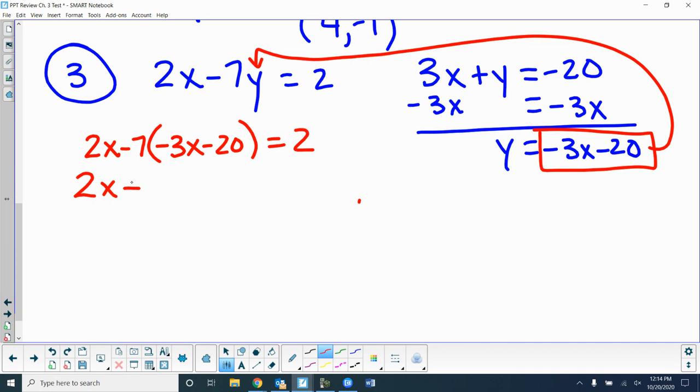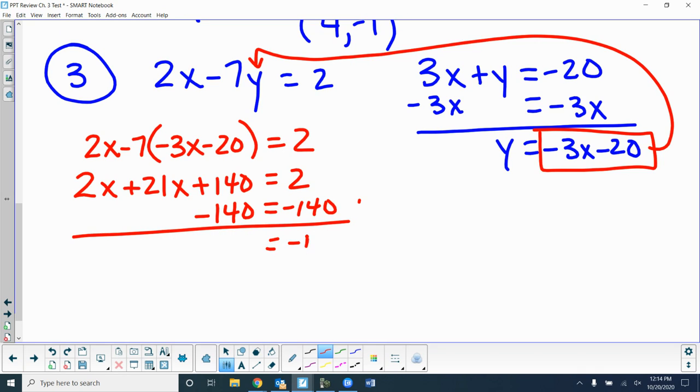Distribute negative 7, you get positive 21x and positive 140. When you subtract the 140, you get negative 138. And over here, 23. And then this works out nice, because 23 goes in there 6 times, but it's negative 6.